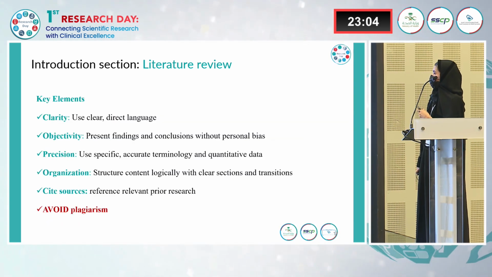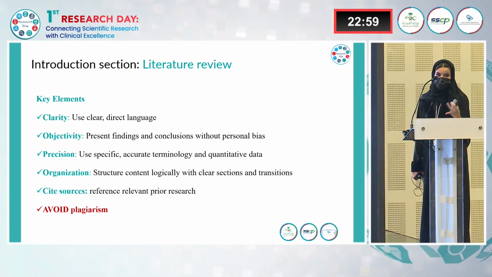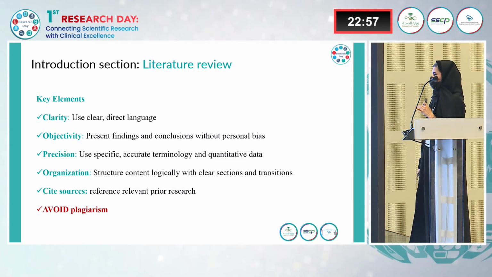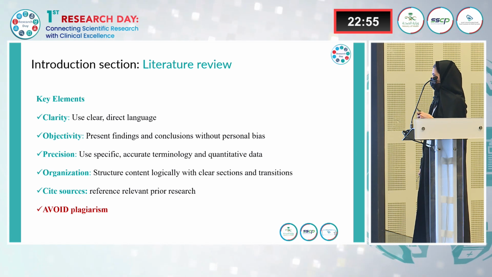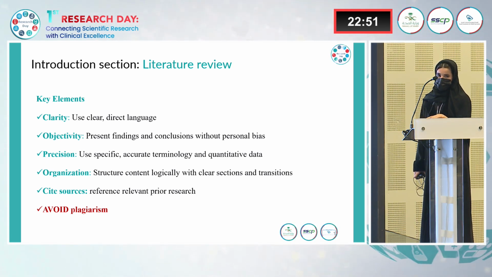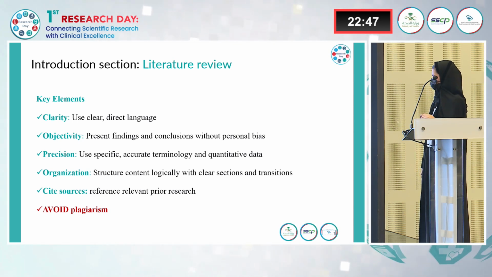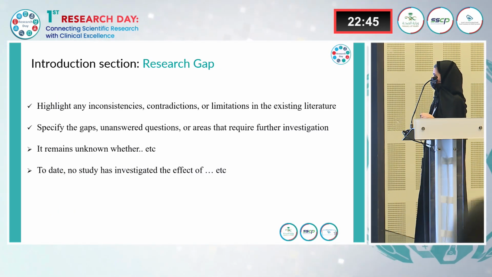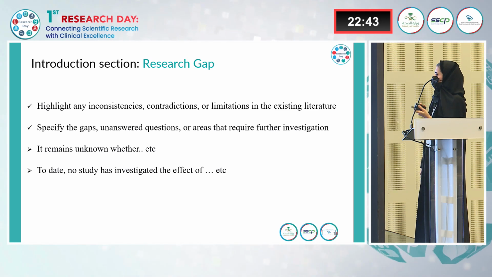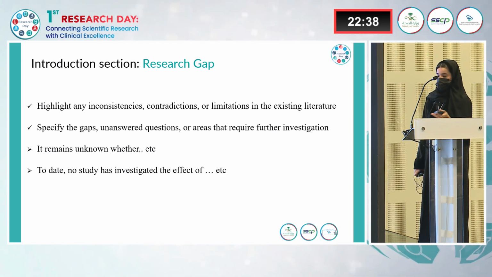The key element in the literature review is that it should be clear and objective, evaluating the literature in an objective, non-biased voice. It should be precise, organized, and the sources should be cited. And you should avoid plagiarism, which I will talk about briefly in later slides. After evaluating the literature, you should identify a clear research gap.